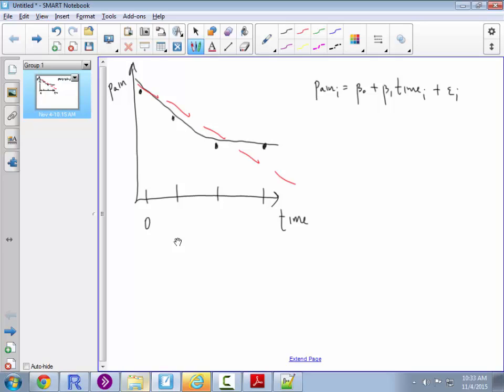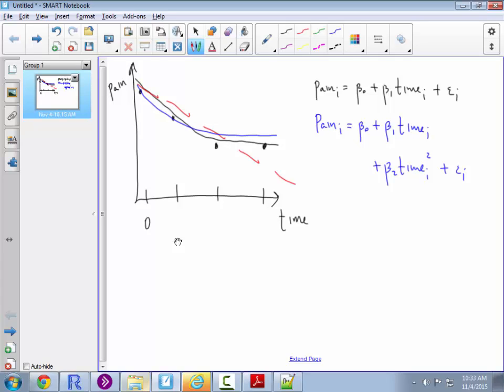So what might you do instead? One thing you could do is, instead of saying that the time course is linear, we could say it is quadratic: plus beta 2 times time squared plus epsilon_i, in which case it will probably do a better job of capturing that trend.